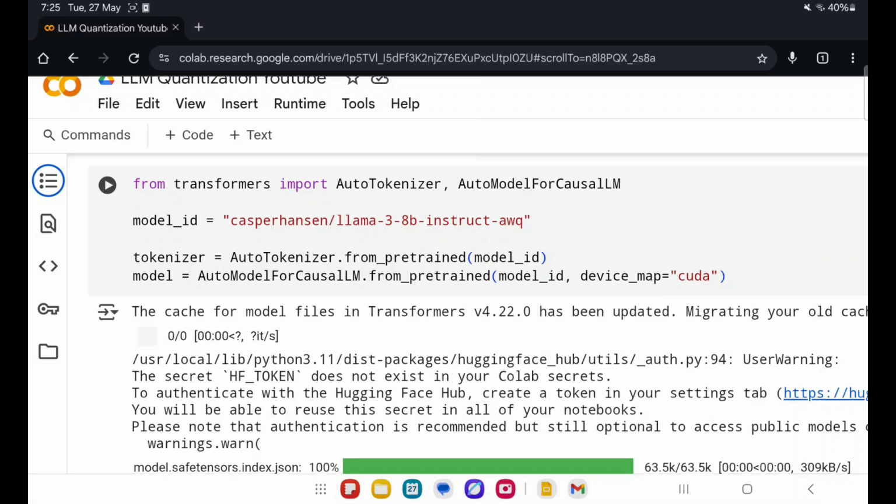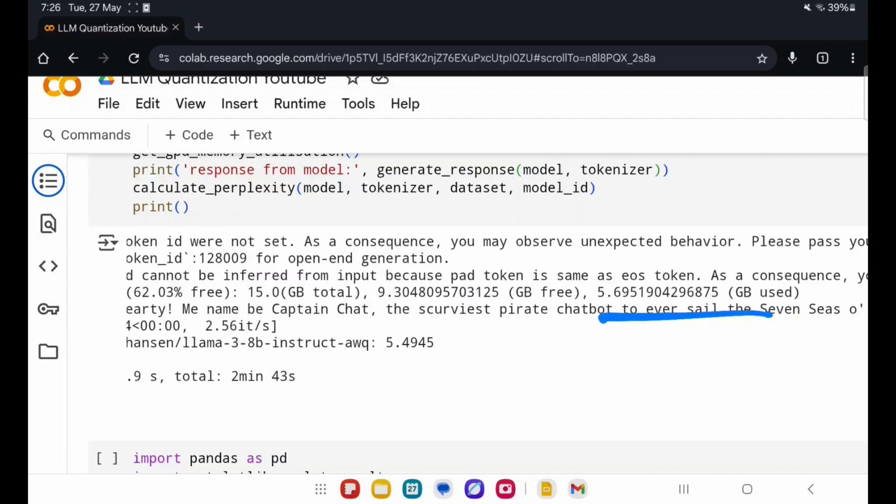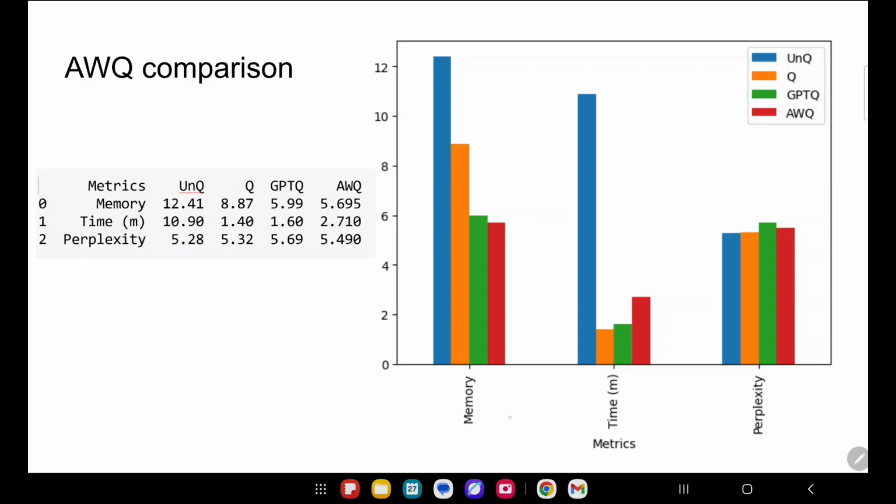Since this was taking a long time, I took a quantized model as done by Casper Hansen on Hugging Face for Llama 3. It took around 5.69 GB of memory, and the time taken was 2 minutes 43 seconds for 100 samples of our data. So as compared to GPTQ, memory has improved, but the time has increased a little bit, and the perplexity has also improved compared to GPTQ.